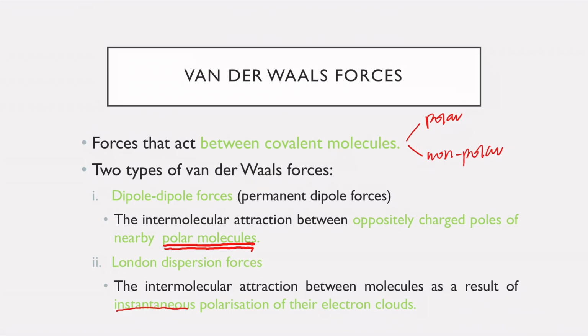Instantaneous polarization means suddenly polarized at a particular instant, let's say at time X. Suddenly it becomes polarized. From non-polar, suddenly it becomes polar. We'll see what it means later.